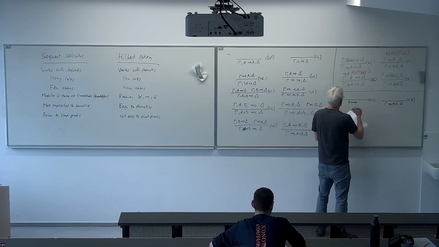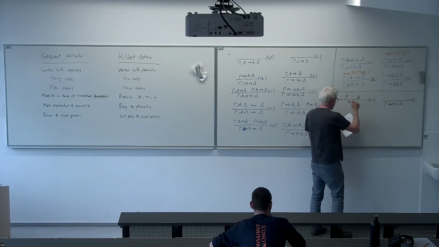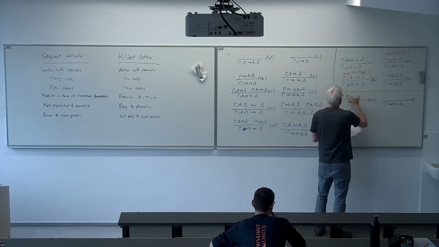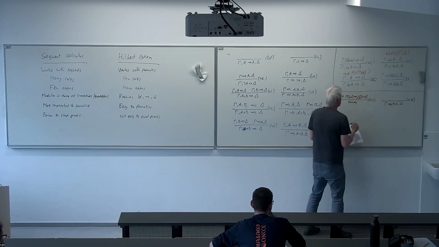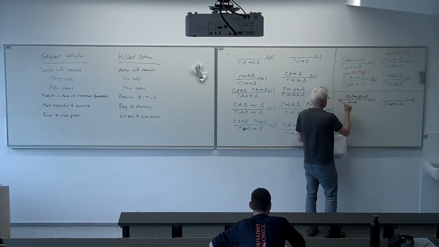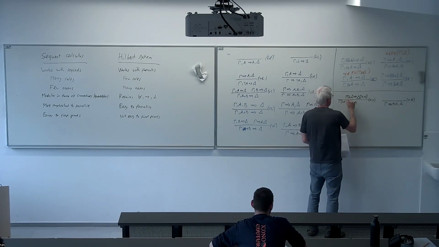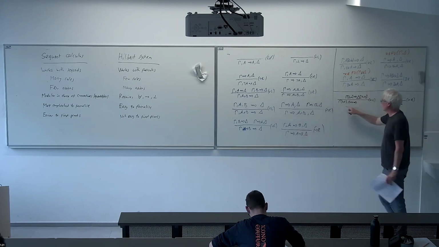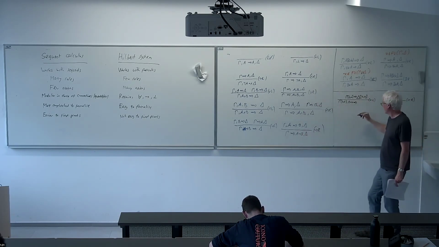So one way of saying that is that if we've got any sequent as the premise, which has occurrences of t and u in it, where t and u are two terms, then if we add the assumption that t equals u, we have the same sequent where we swap t and u around. Okay?